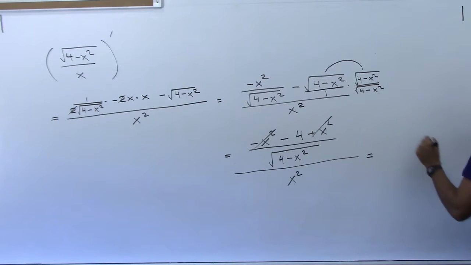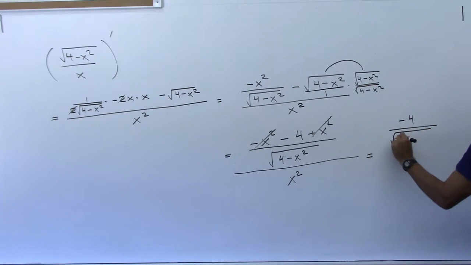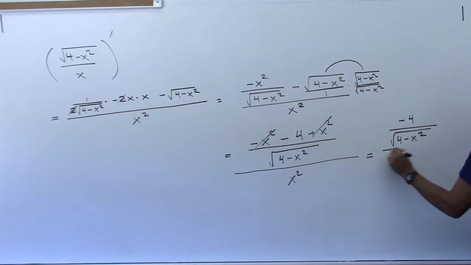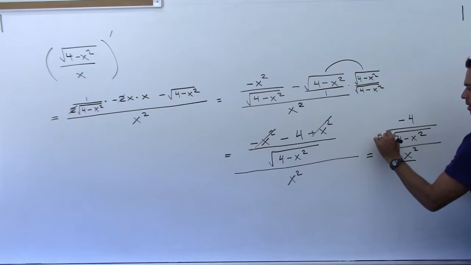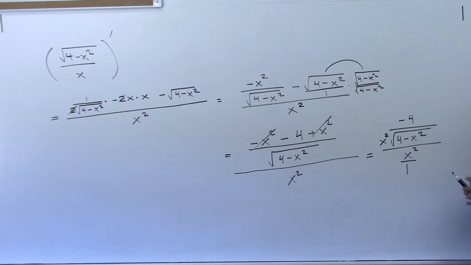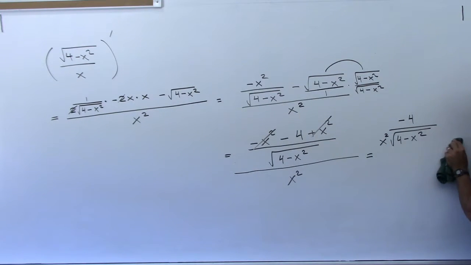So then I have negative 4 over square root 4 minus x squared, all over still what? X squared, and I can look at x squared as being x squared over 1, and then flip it, and when I flip it I can put it in the back or the front. I'll just put it in the front here as x squared, and then a 1 up here, but I don't need that 1, right? And then what was that constant I said to forget about?